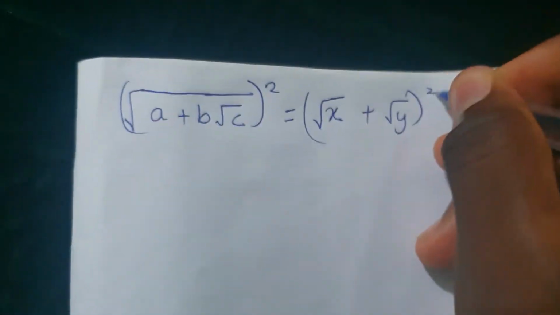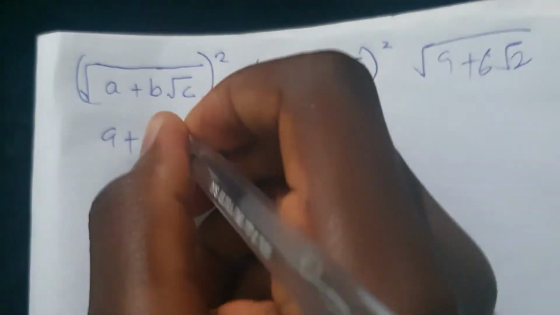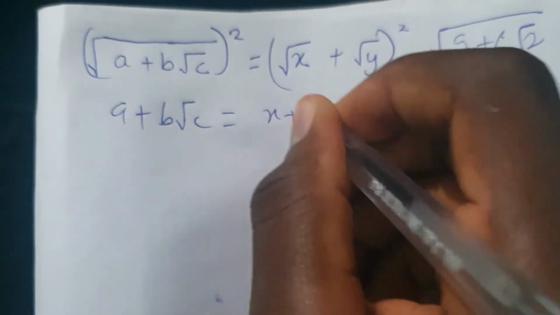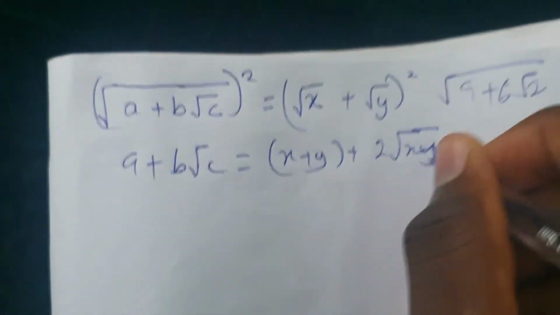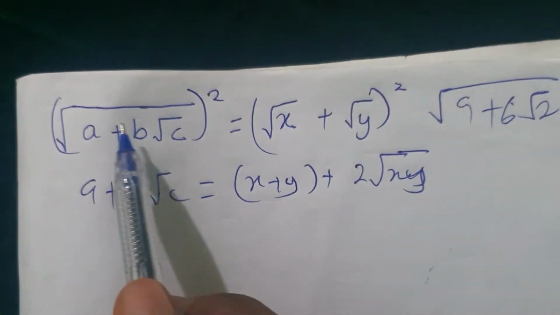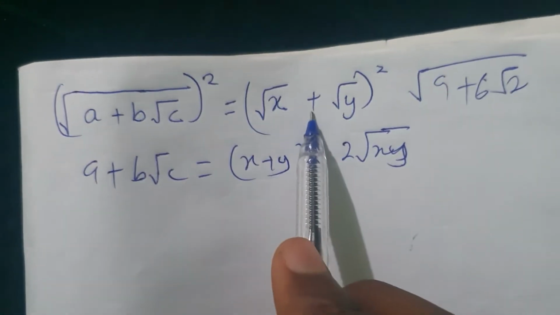Alright, so just as I showed you in my previous video, square both sides. You're going to have this and get x plus y plus 2 root xy. Now mind you, as I said in my previous video, if here is minus, here too becomes minus.